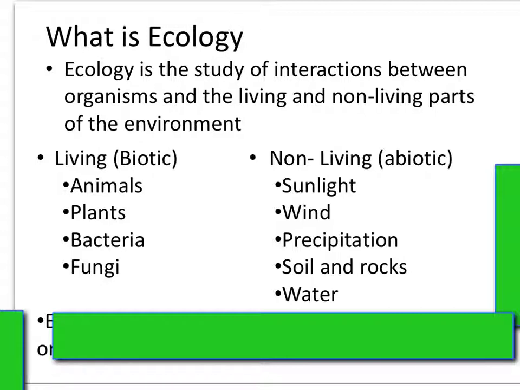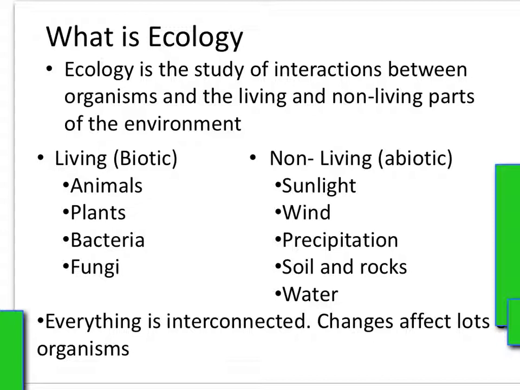All this goes together with the overarching theme of this unit, and I'm going to hit on this all the time, that everything is interconnected. All right? Changes affect lots of organisms. You change one little thing, and that's going to affect one organism, and that's going to affect another organism and another organism. Or changes to one abiotic factor might affect organisms and other abiotic factors.